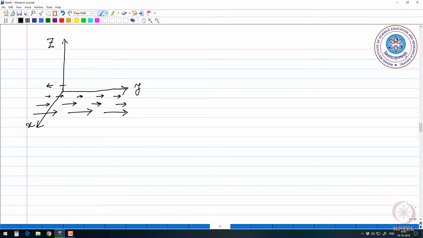When we go to negative x, this thing changes sign. Something like this. This vector field can be described with the expression vector v is given as x y cap, because y cap is the direction of the vector field, and when the x value is positive it points along y cap, when the value of x is negative it points opposite to y cap.